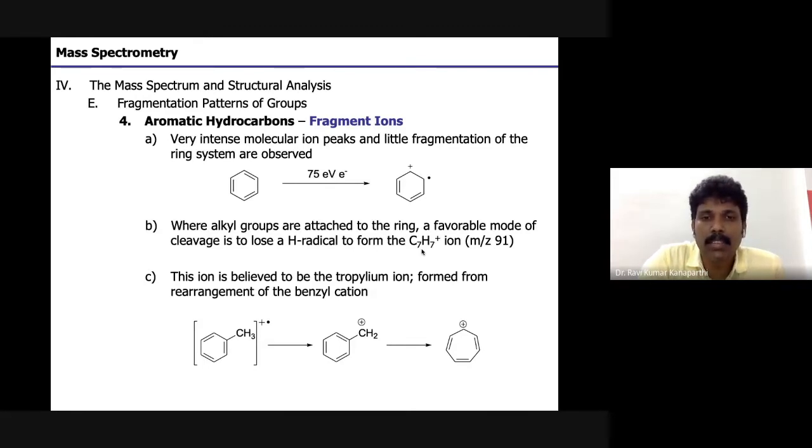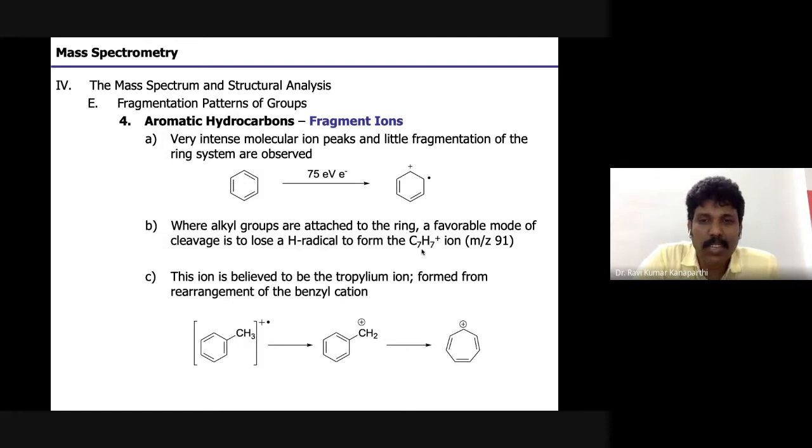So in the case of aromatic hydrocarbons which are attached with an alkyl group, they will lose certain radicals and then form a very stable carbocation corresponding to C7H7, whose fragment weight is about 91.